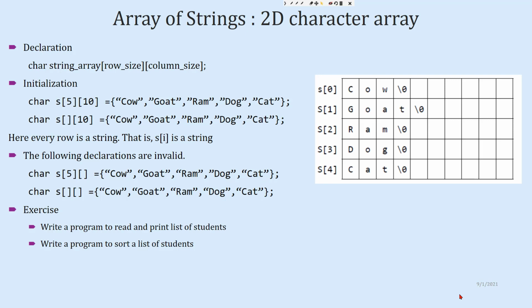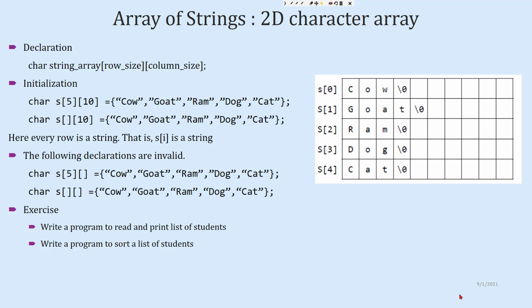Suppose in your class we have 37 students. If I want to store the name of a single student, I can use a string or a character array. Suppose I want to store all your names. Then there I have to use an array of strings.